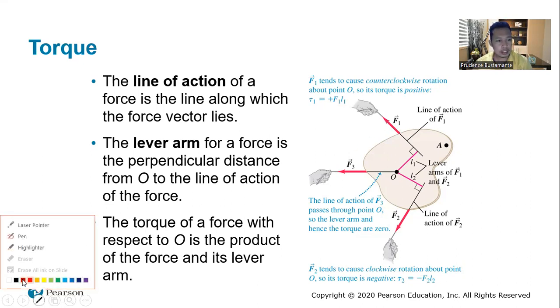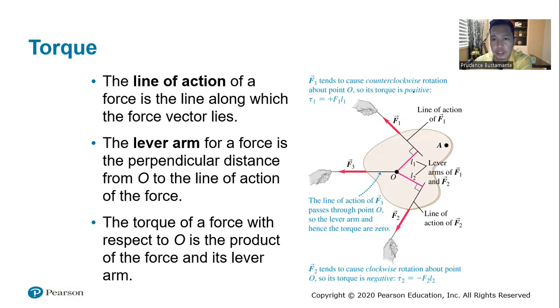We note that the system, if you apply F1, would rotate around this counterclockwise. Rotation counterclockwise is what we call positive torque.